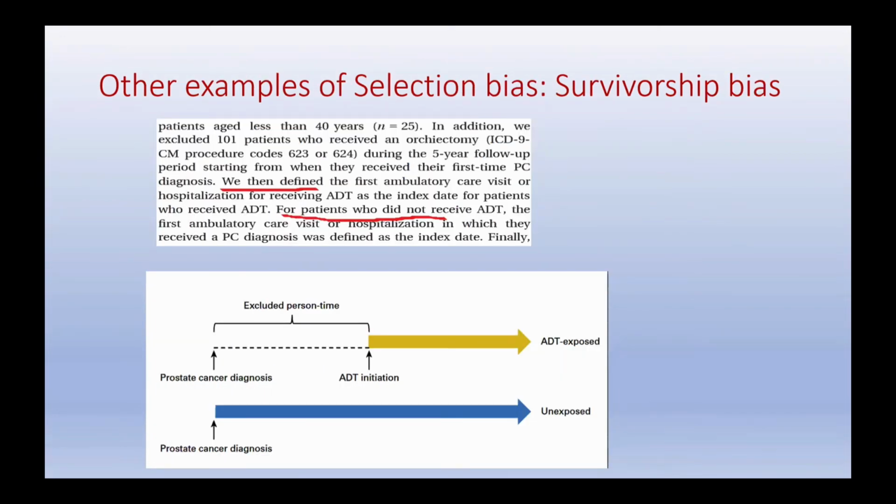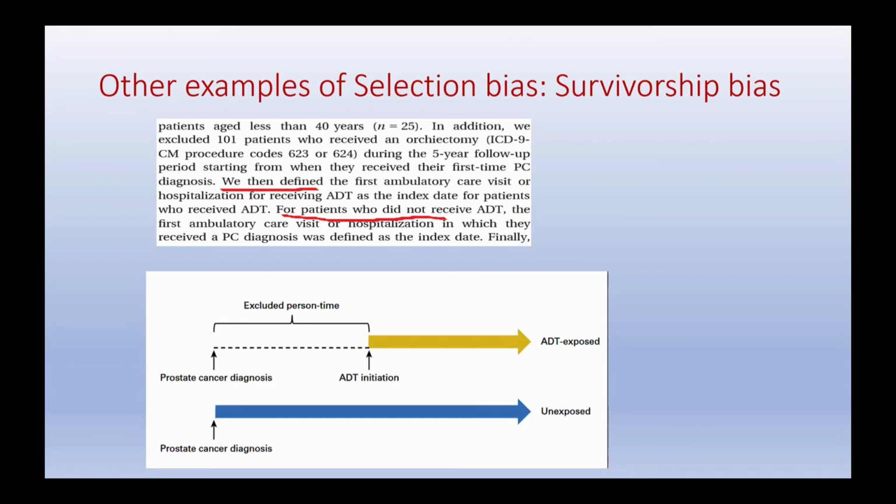In this study, they identified men with prostate cancer, and some of these men were just followed, receiving no ADT. The dotted line is a period where they were unexposed. And then they get ADT at some point. And the men in the control group don't get ADT and they can die at any time.